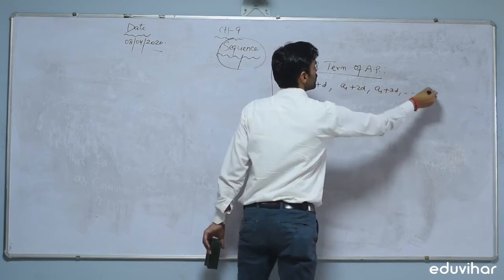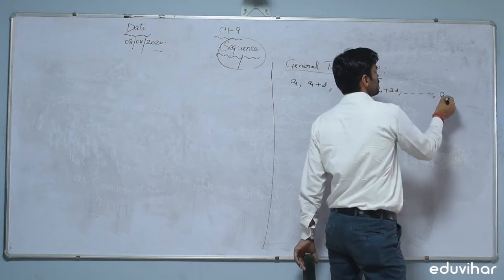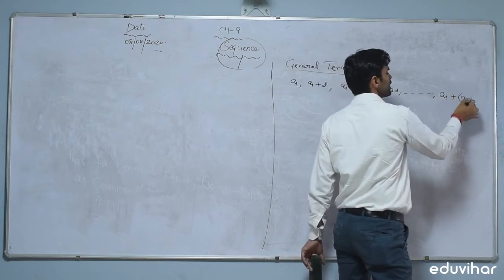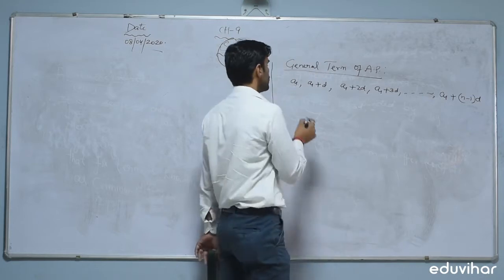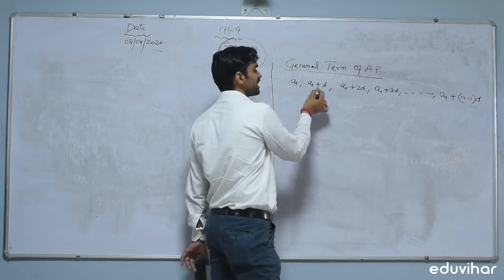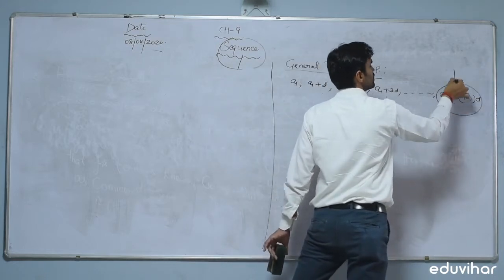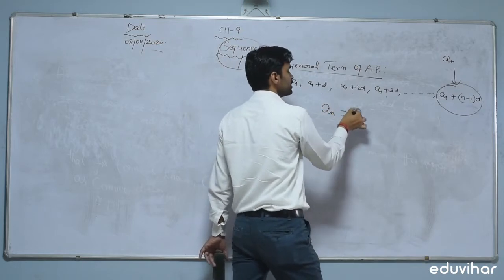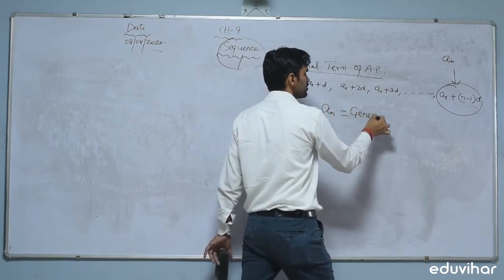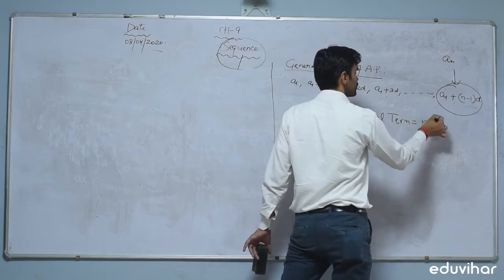In this way, we observe that the nth term can be obtained as A1 plus n minus 1 into D, or you can say A plus n minus 1 D. This is your first term, second term, third term, fourth term, and this is your nth term. The nth term is also known as the general term.